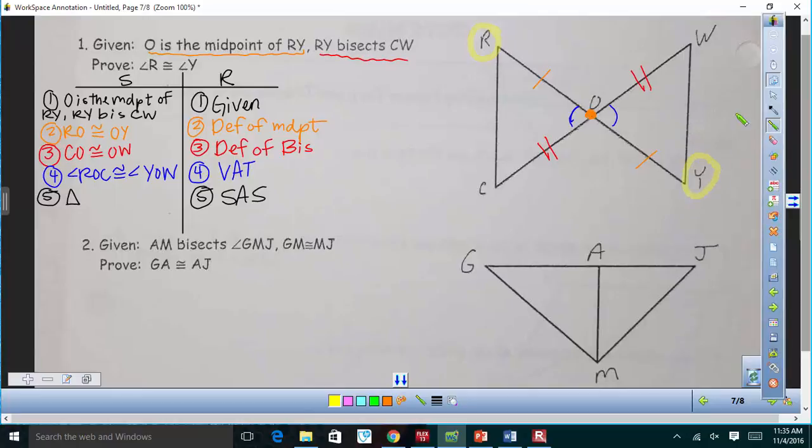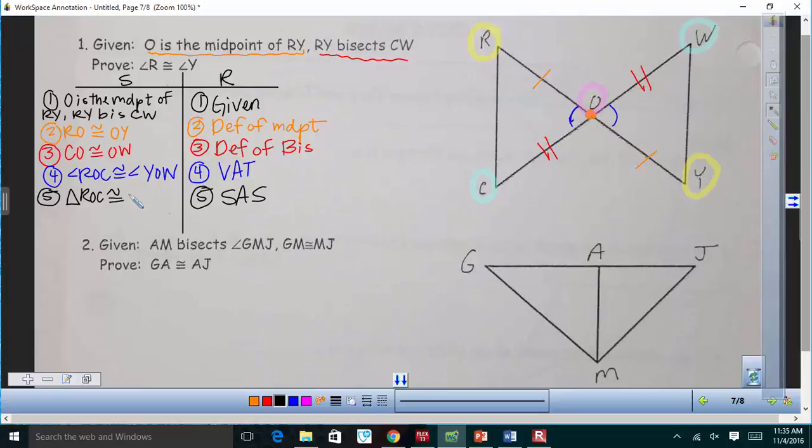Y. Very good. Okay, and then they share O, right? And then that means that C and W are corresponding. So when I write this, if I write ROC is congruent to, that means I went yellow, pink, blue. I have to go yellow, pink, blue here. So triangle YOW.